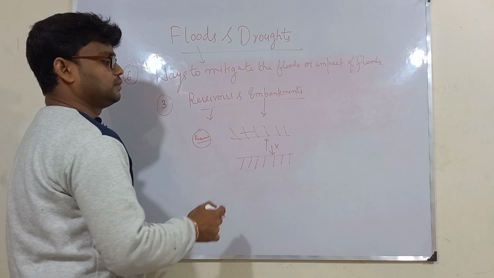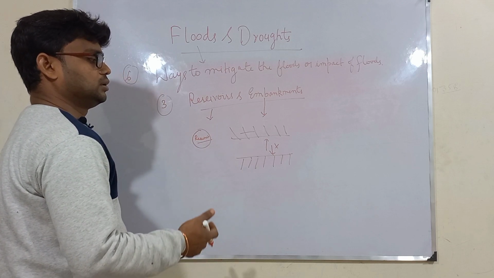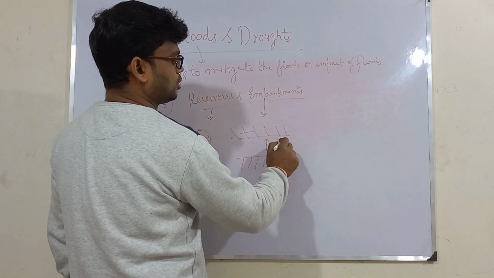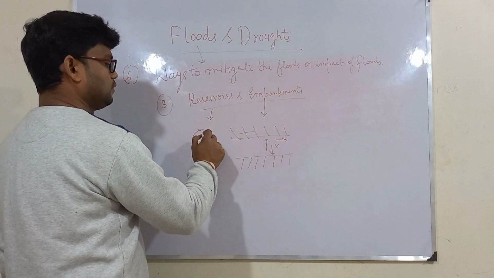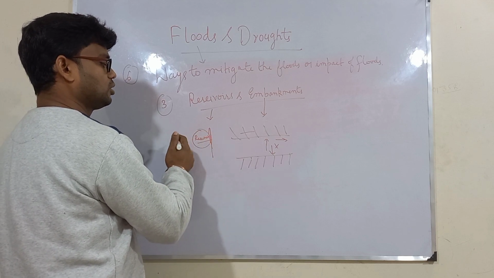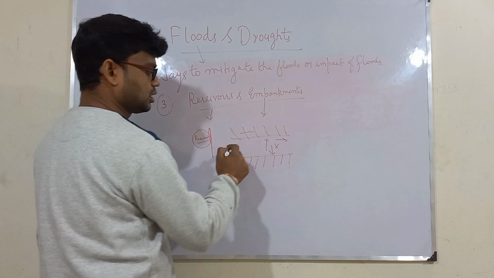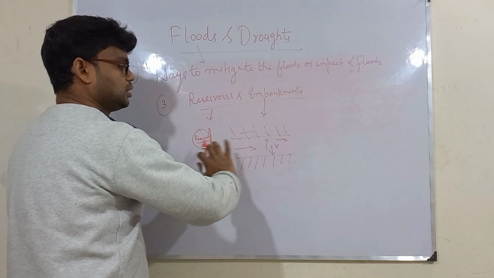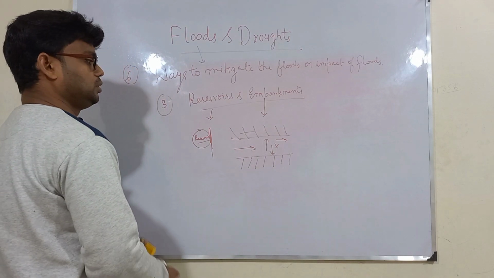So, for example, if we want to reduce the volume of water flowing through the river, then we can close the dams, okay, and try to store maximum water behind the dams. And for example, if we want to increase the water through the river, then we can open the gates of the dam to increase the amount of river water.